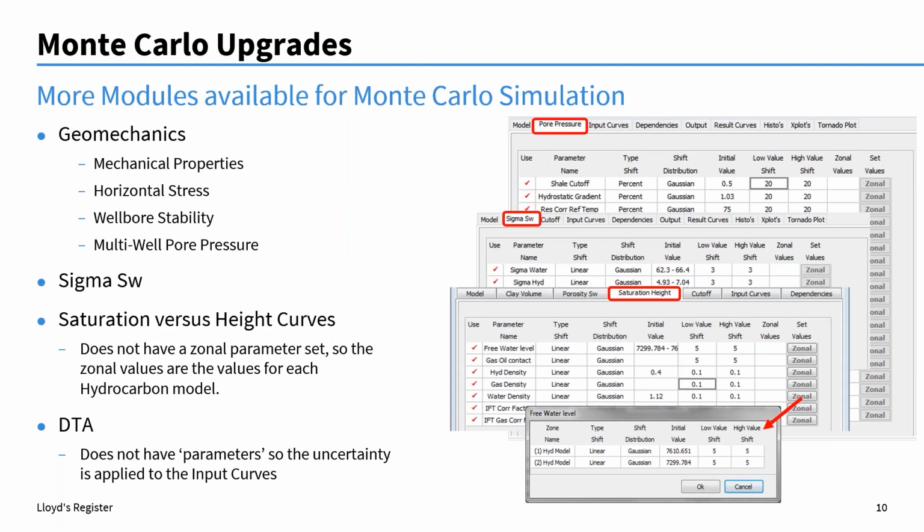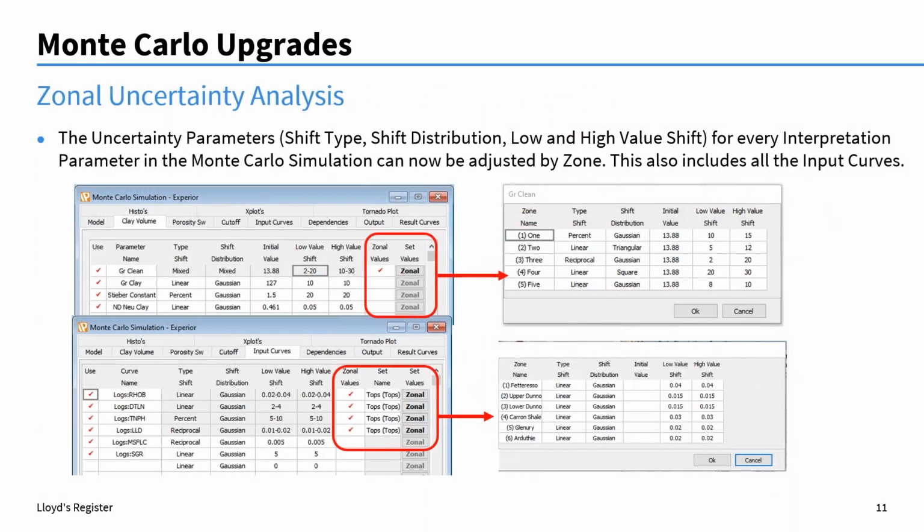DTA can also be run in there as well now as part of a complete workflow. Monte Carlo now, the uncertainty parameters themselves can be zonal. I mean, within Monte Carlo, we run zonal parameter set workflows. So things like vclay, VSW, the parameters in there can be zoned.